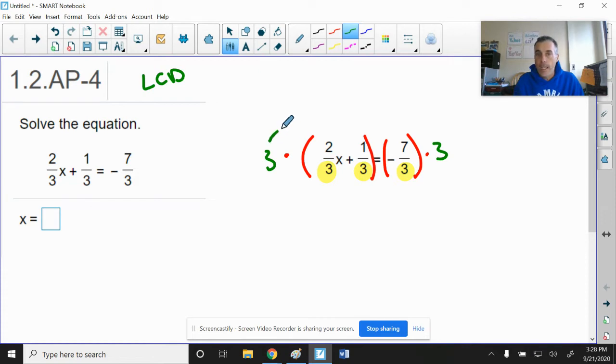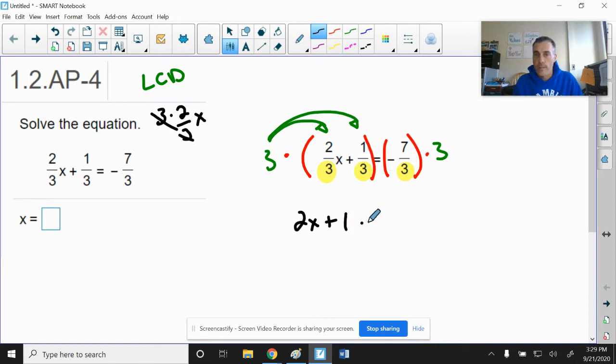When I multiply 3 on the left side, it becomes a distribution problem. So I'm going to think about 3 times 2/3 of x. And I could do 3 times 2/3 in a calculator and then just remember that that x is still there. 3 times 2/3 is 2x plus 3 times 1/3. 3 times 1/3 is 1.